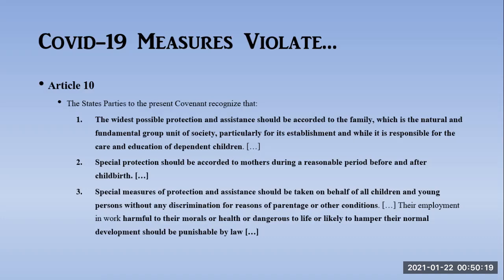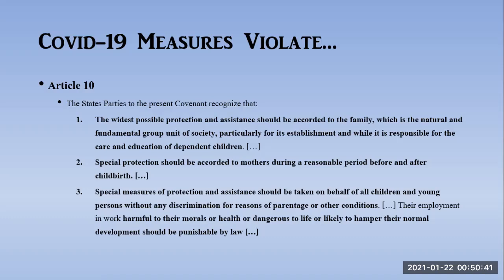So we're looking here now specifically at the family group and the parental rights and the care of children in society. And we are not giving the best protection and assistance to children, to mothers, to families as a whole.